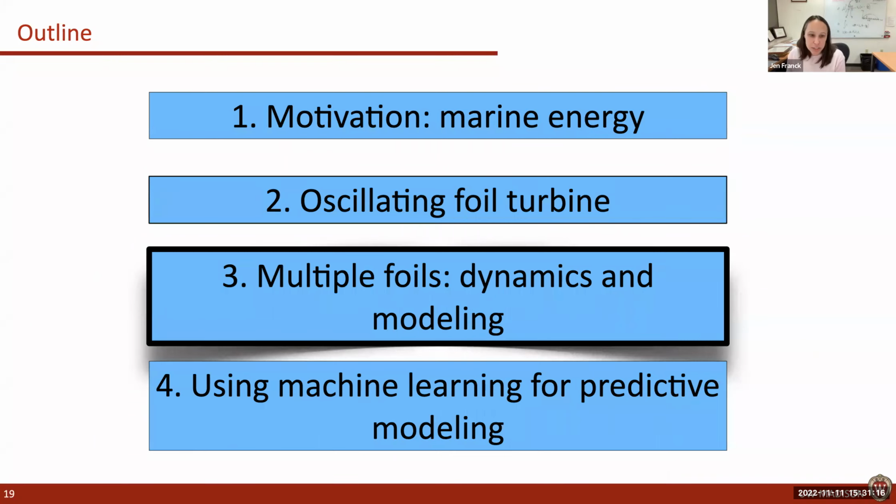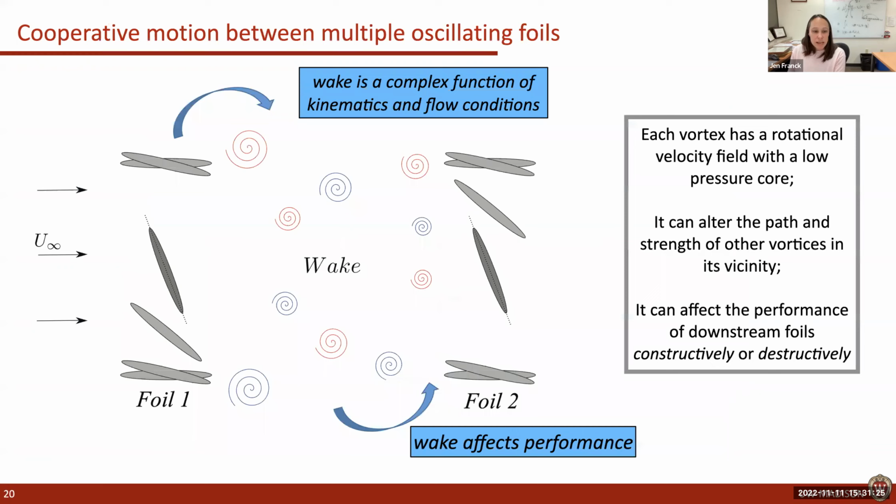Okay, well, those were great questions to lead us into this third part, where we start looking at multiple foils. So as the previous slide preluded to, the structure of those vortices as they leave the foil are going to form wake patterns, which you could think of as influencing a downstream foil.